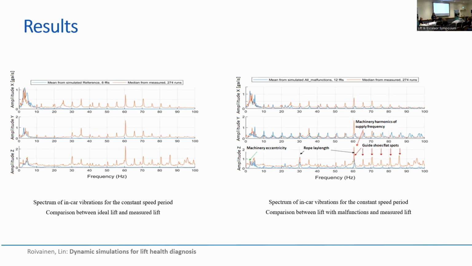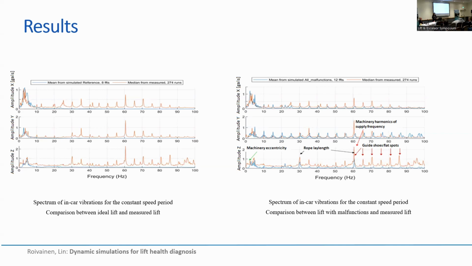So we went back to the simulation and started to model malfunctions. And we can see on the left side of the curve the simulated malfunctions compared to real data collected from the site. And we can identify that if we model machinery eccentricity higher than tolerances, for example, or rope lay length due to wear, or machinery harmonics due to bad isolation of the machinery, or for example, guide shoe malfunctions like flat spot.